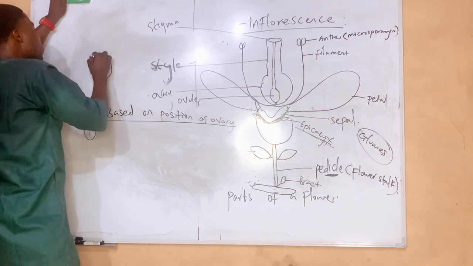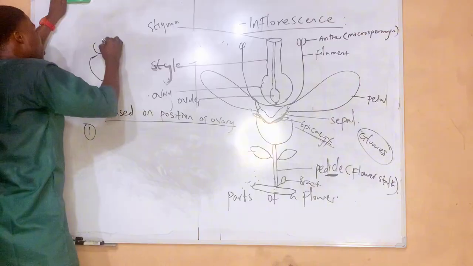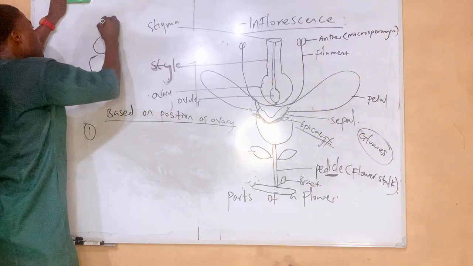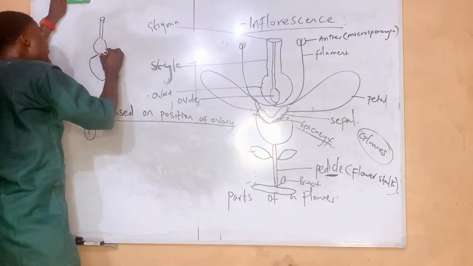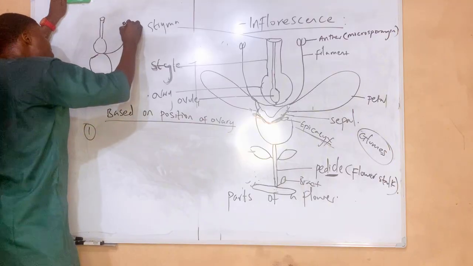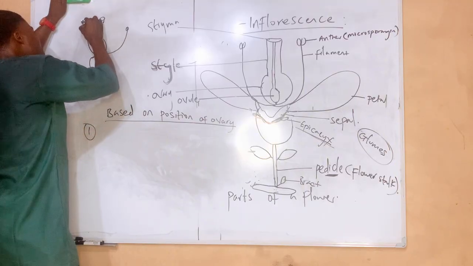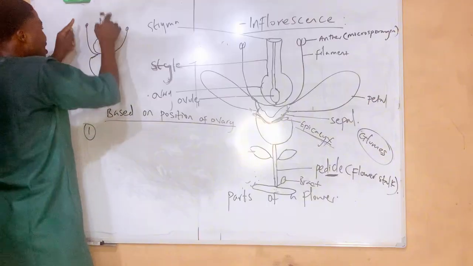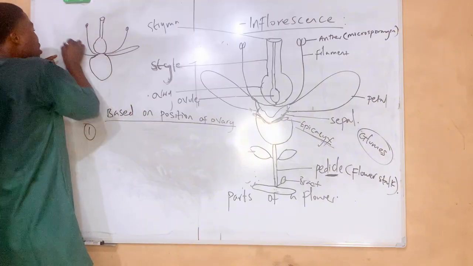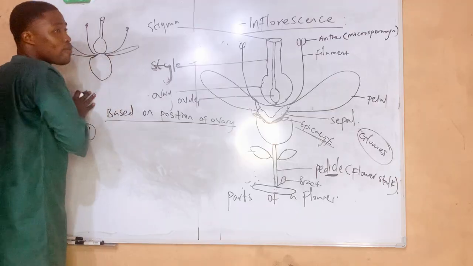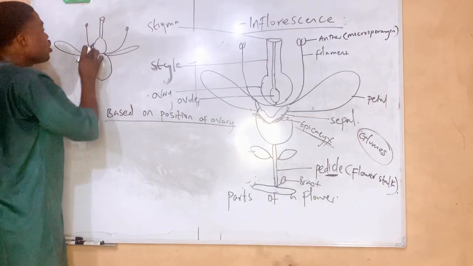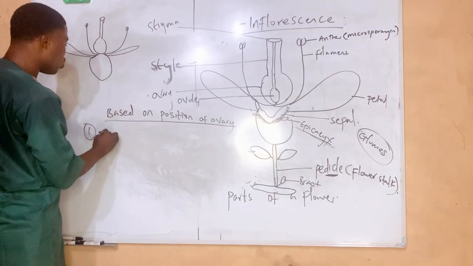When the ovary is above the receptacle, and other floral parts arise from just beneath the ovary, this ovary is said to be superior.